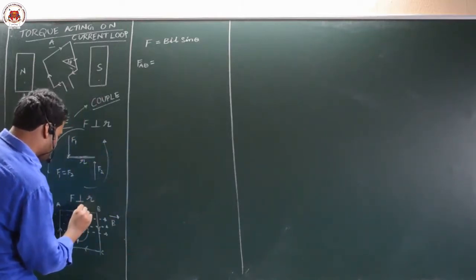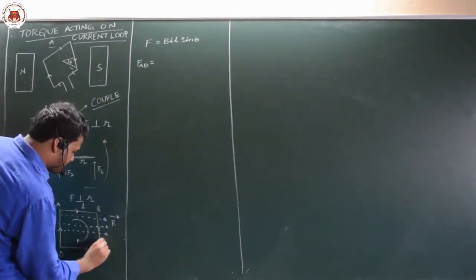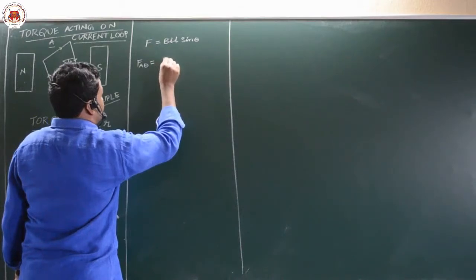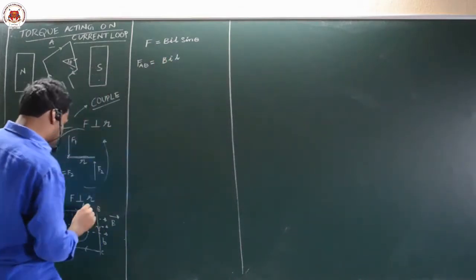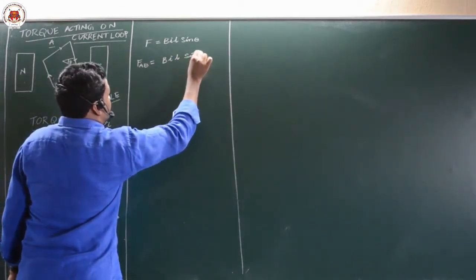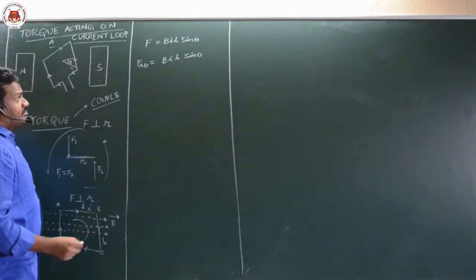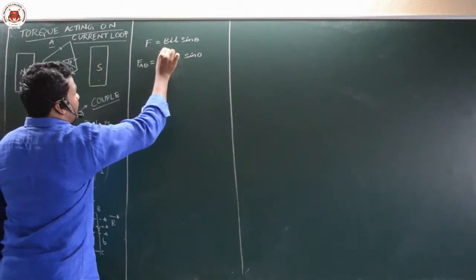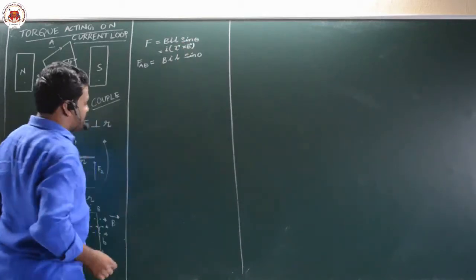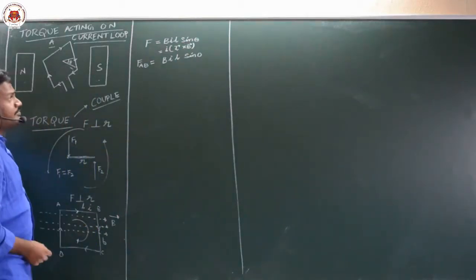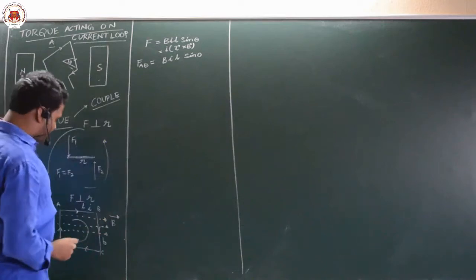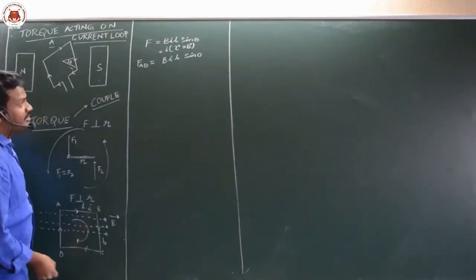Take this as the length of the wire, L, and this as the breadth of the wire, B. Force on AB is BIL sin 0, because the angle between, in vector form, I dot L cross B, that is, the angle between the length vector of the current element, from A to B, and the field is 0.